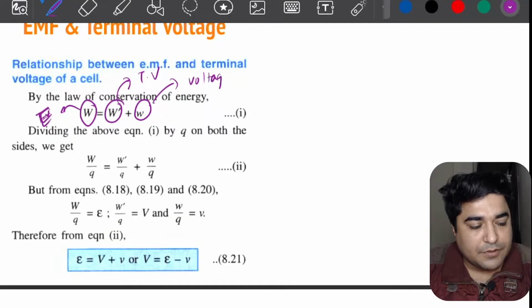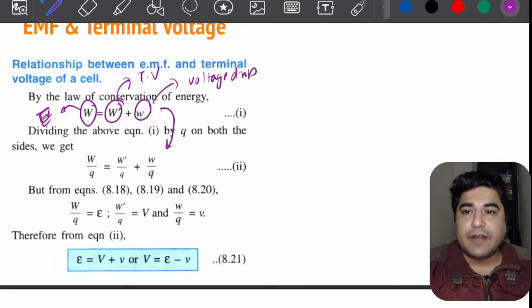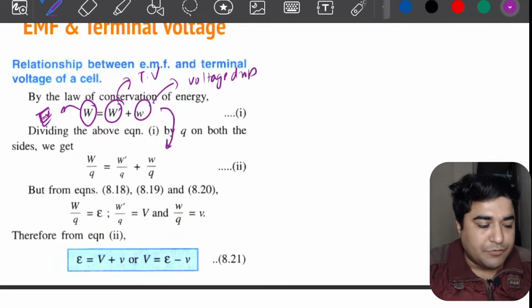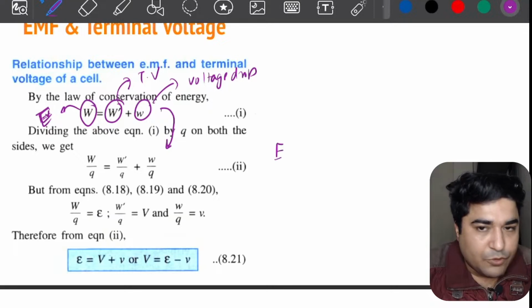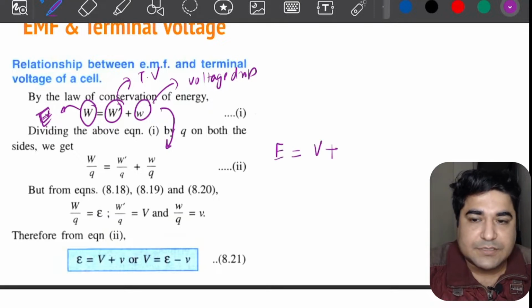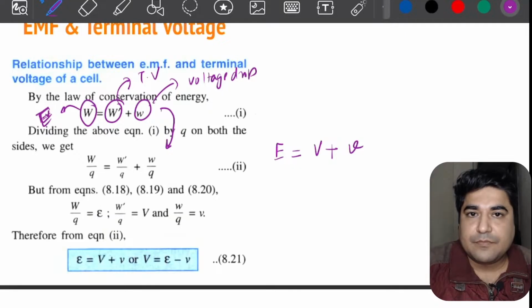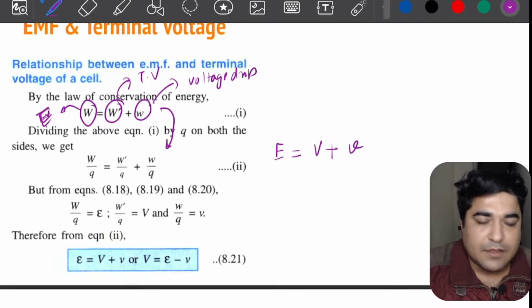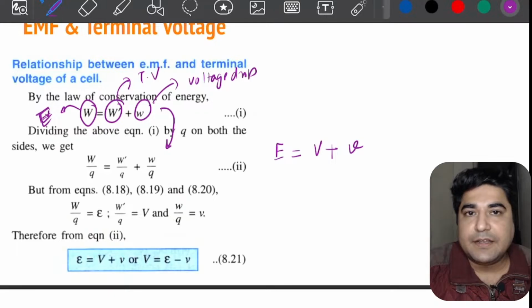Now dividing by Q in all the equations, we get E equal to V plus small v. By rearranging, we can get different values as well.